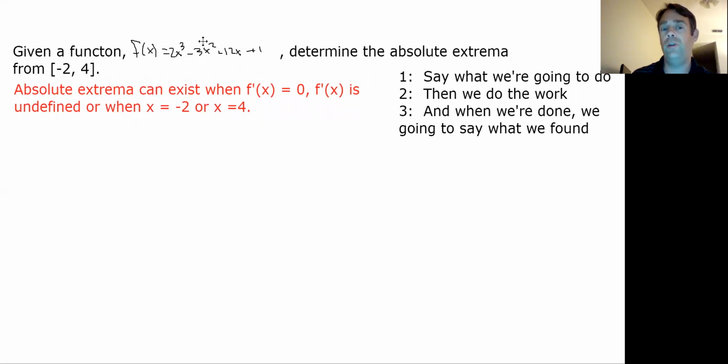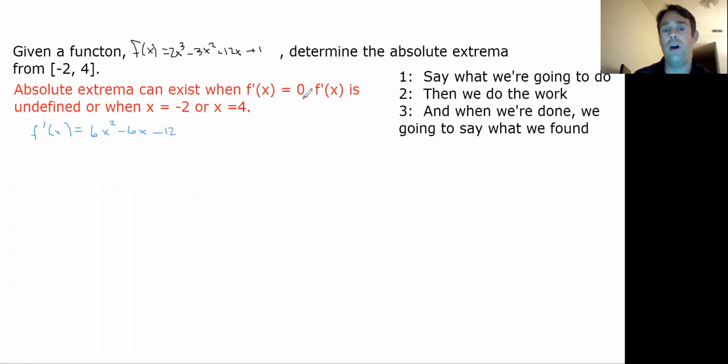The first thing I'm doing is talking about derivatives. What that allows me to do is go ahead and take a derivative. I can't take a derivative until I've given myself permission to take a derivative. So we say what we're going to do, and now we're going to do the work. I'm going through, doing my power rules here.